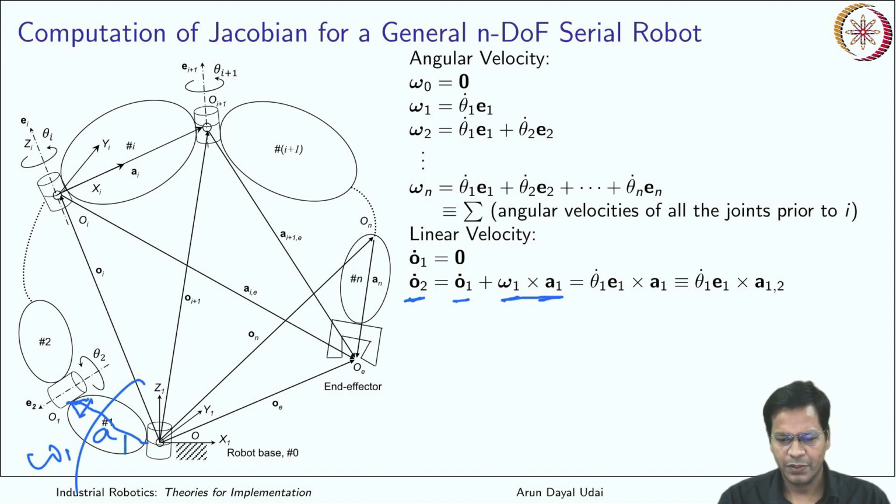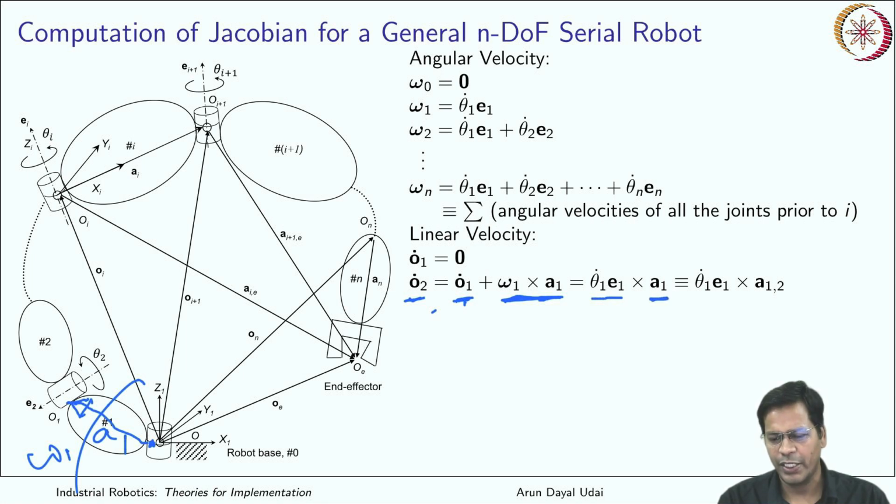So what is this? This is the tangential velocity vector. This is your velocity of O1, which is 0. You know it is attached to the ground, so there is no velocity over here. So whatever this is, you can quickly write it simply as theta 1 dot E1 cross A1.